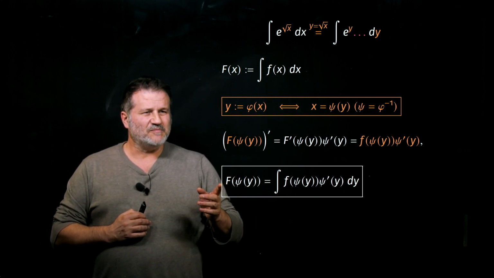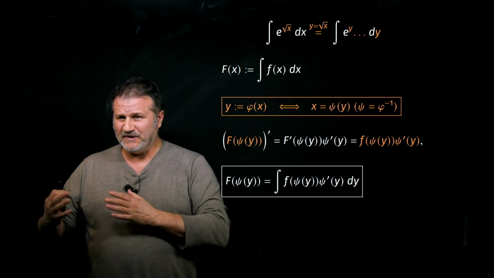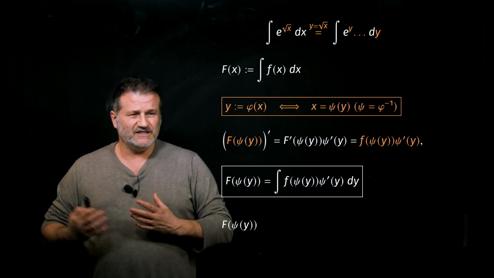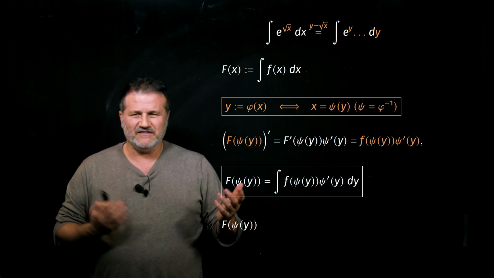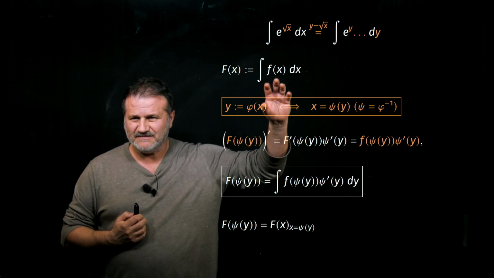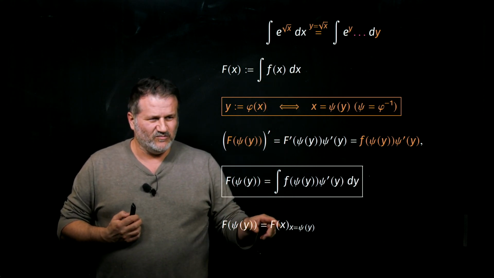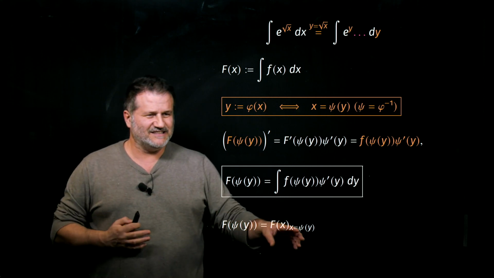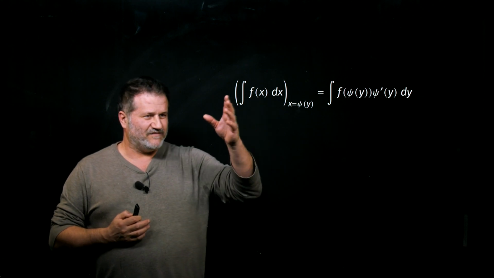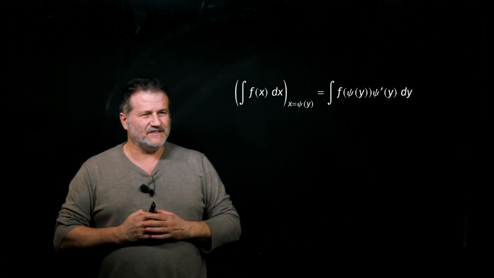But since this capital F was supposed to be a primitive of little f, this relation can be seen also in this way. You take the primitive of the function little f, that is a function of x, and we stick in place of x this expression psi of y, and you get this. So we have this identity.